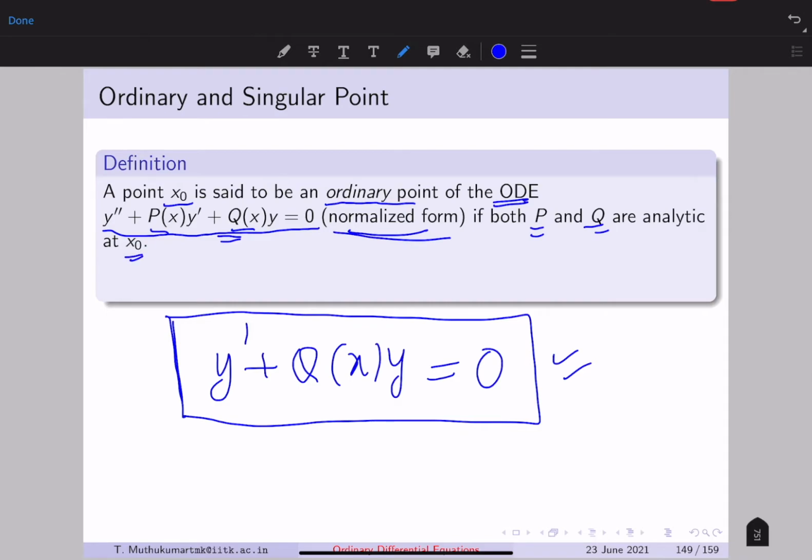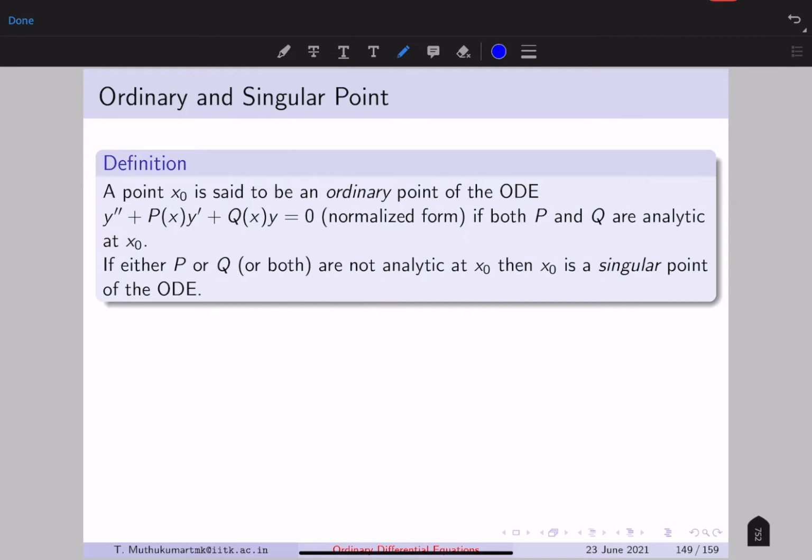So if the coefficients of the linear homogeneous ODE are analytic at a point x naught, then x naught is said to be an ordinary point. What does this mean? That there is a power series expansion of both p and q about x naught.